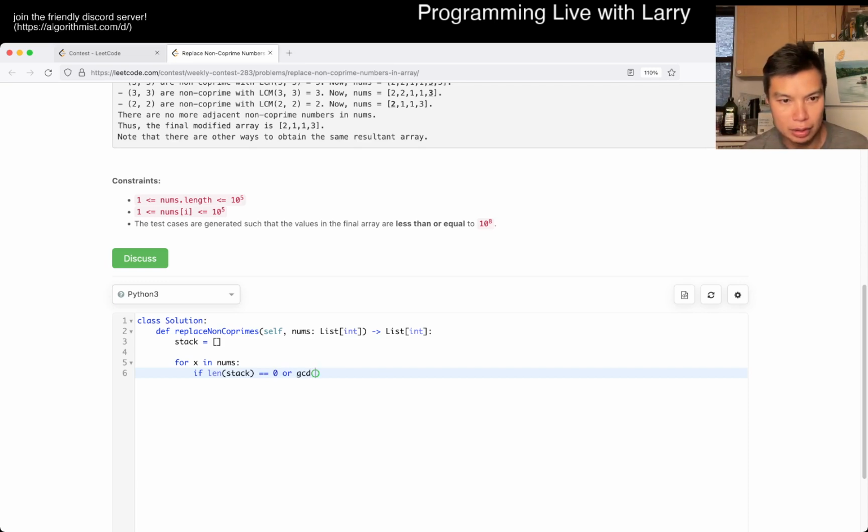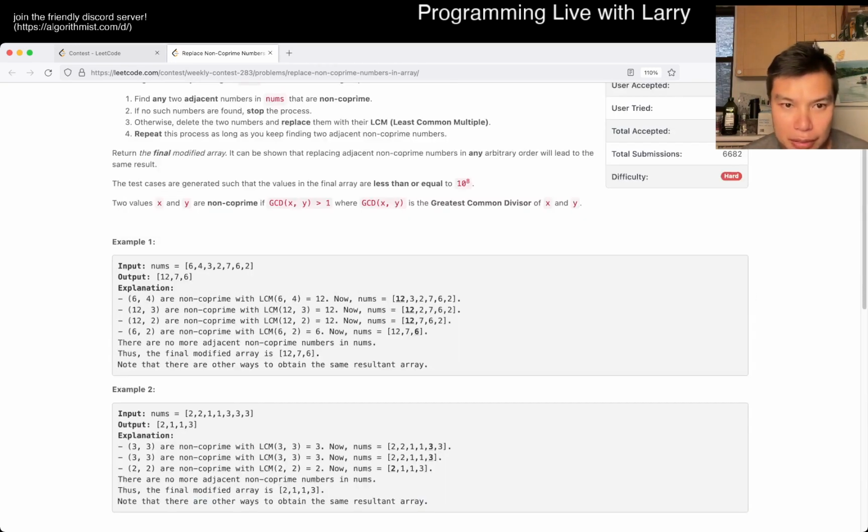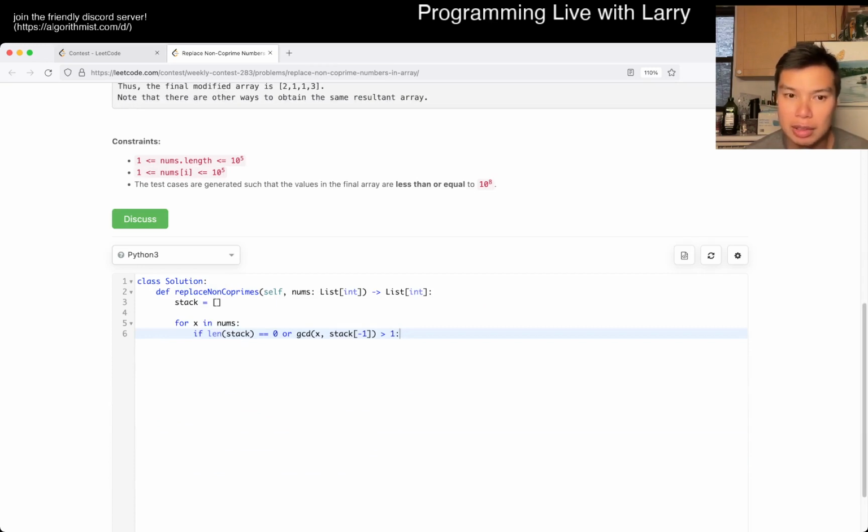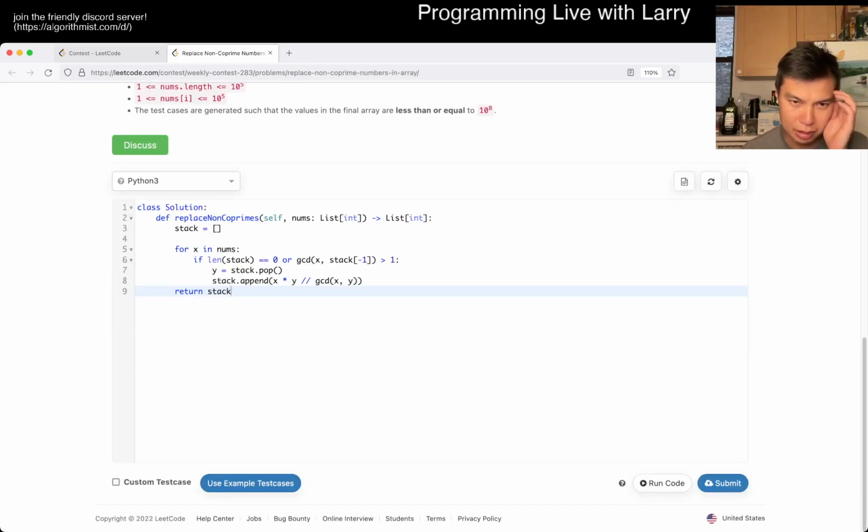Was it GCD of x? I need to change that button on my keyboard. If this is greater than 1, then stack dot pop, stack dot append x of just, something like that maybe.